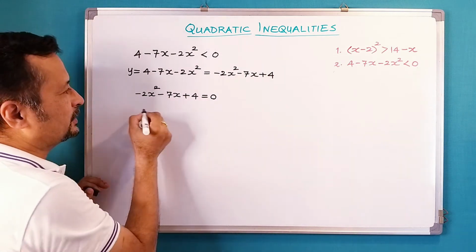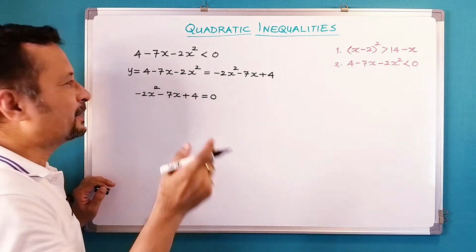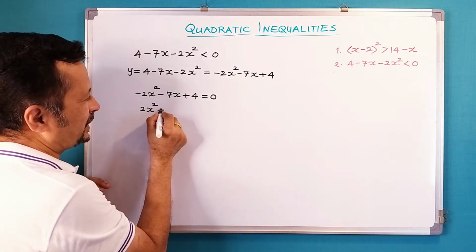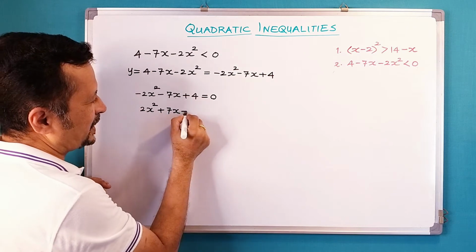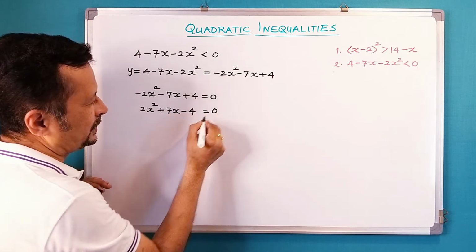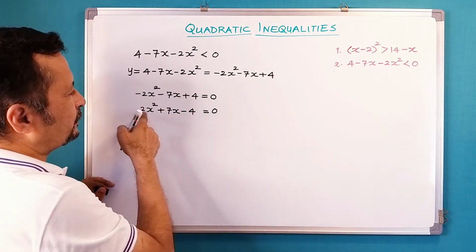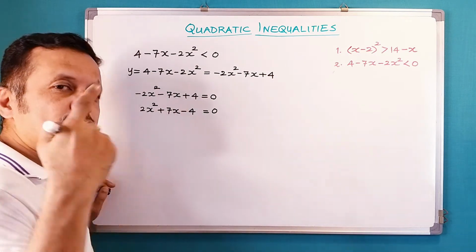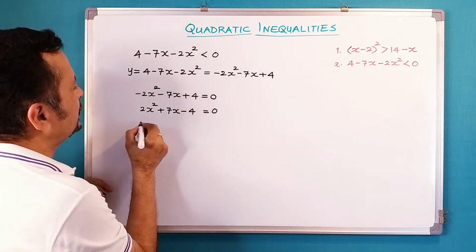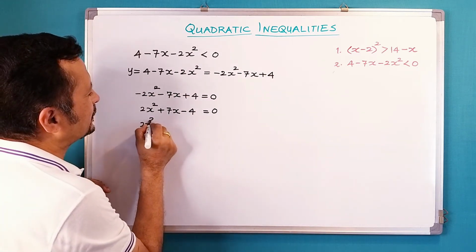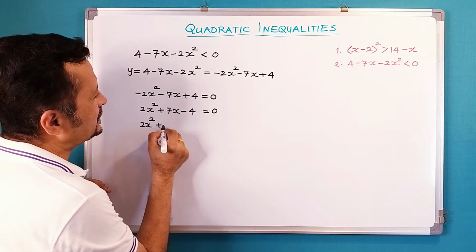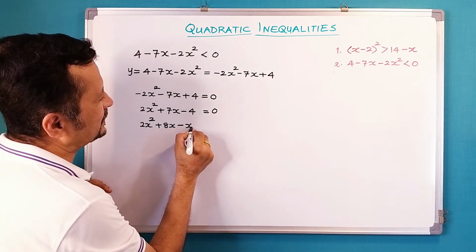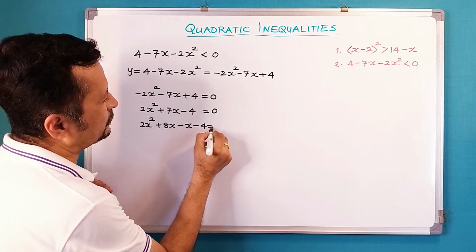Now I multiply both the sides by minus 1. So it is 2x square plus 7x minus 4 is equal to 0. Now I am going to factorize: 4 into 2, so that is 8, and so the product has to be equal to minus 8. So it is 2x square plus 8x minus x minus 4 is equal to 0.